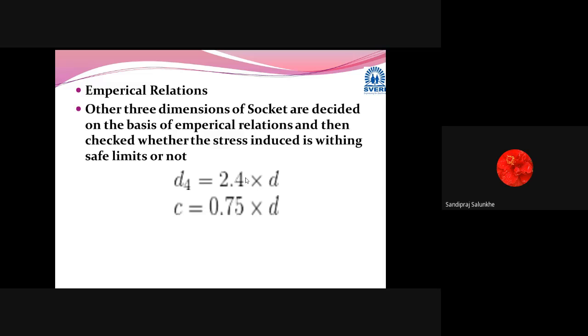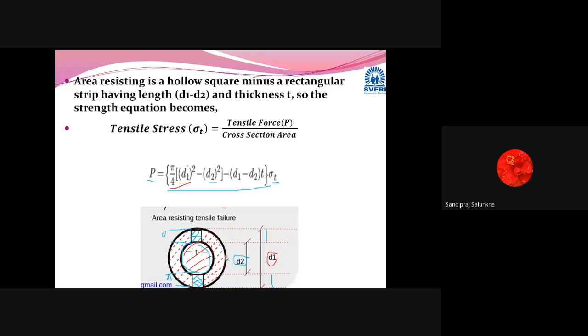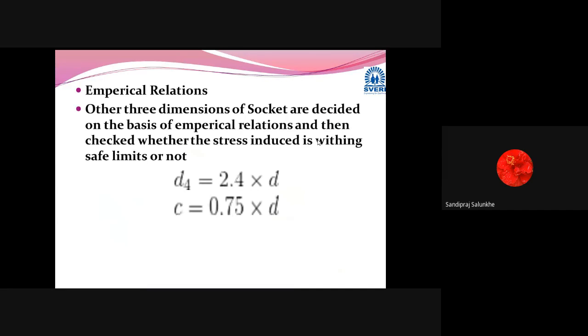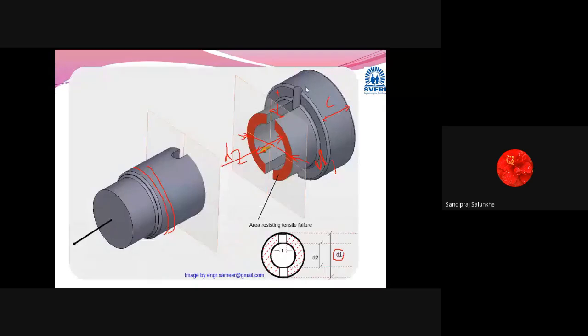Okay. So the remaining dimensions which we have to calculate are the C part, that is nothing but this much dimension. Also, we have to calculate D4, that is nothing but this diameter.